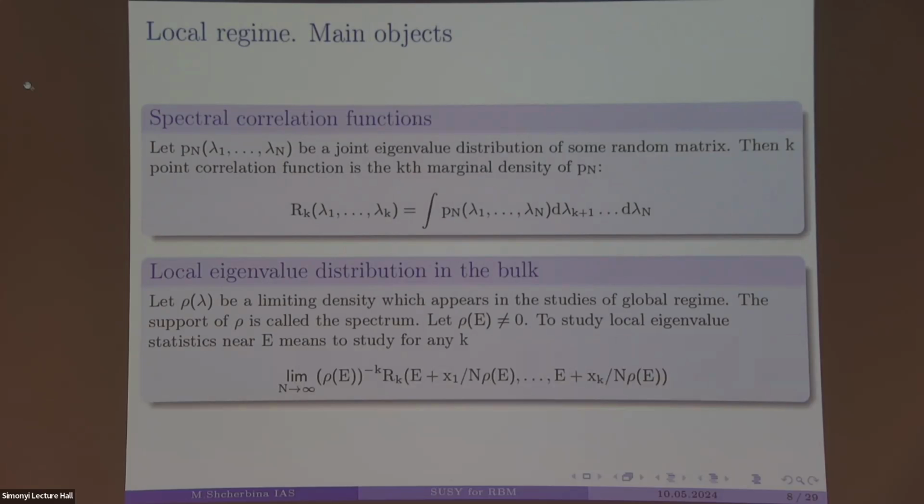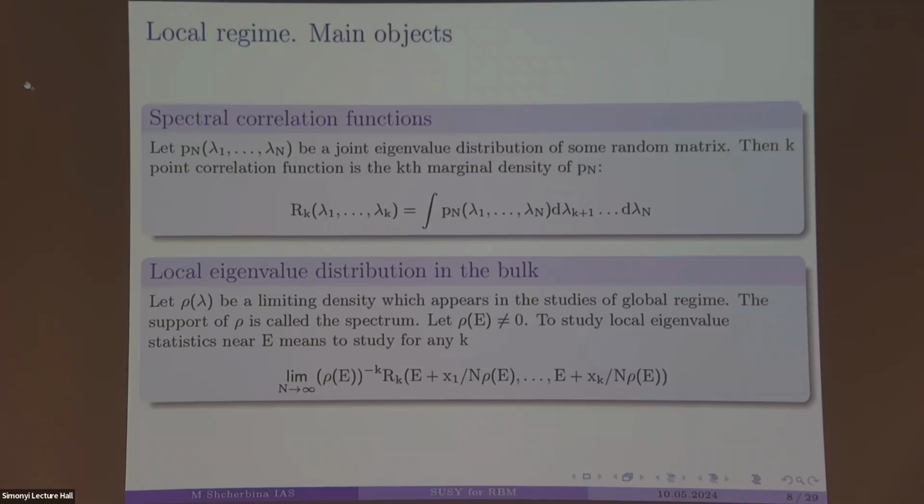Okay, now some definitions for the local regime. For the local regime, the main object is the so-called correlation function. You consider the joint eigenvalue distribution P and just the marginal density of this joint eigenvalue distribution. The problem is that, of course, you don't know what the joint eigenvalue distribution is.